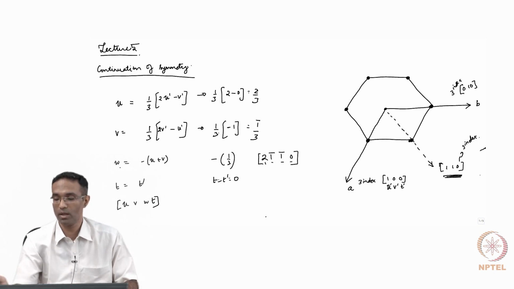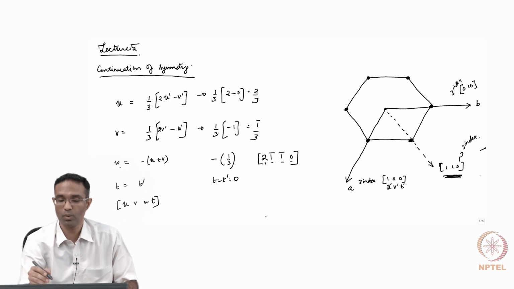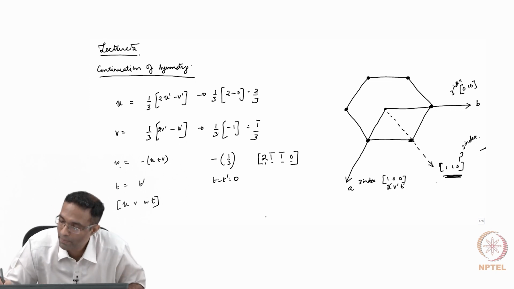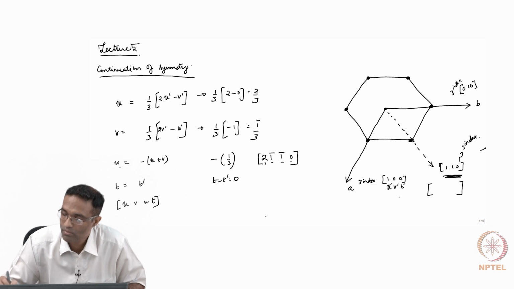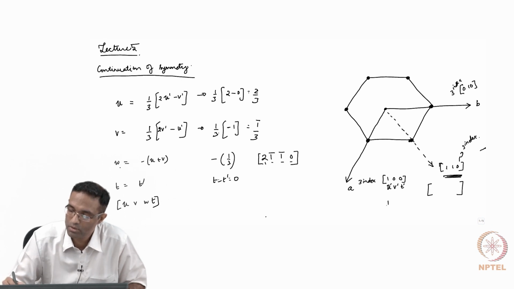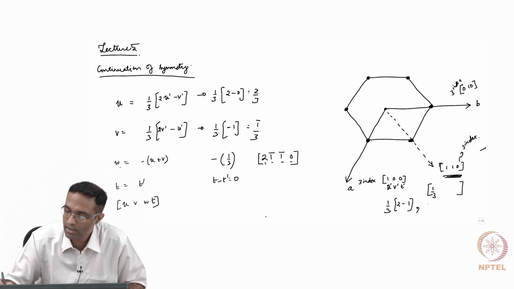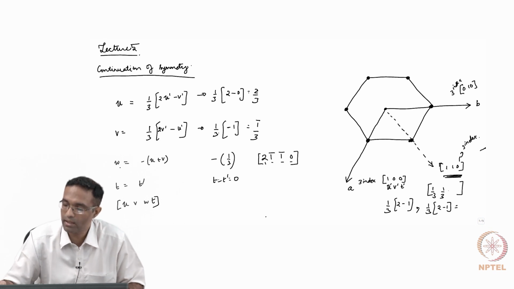Now take a look at this one. What happens here? You take this 1, it becomes 1 over 3 times 2 minus 1, so you get 1 over 3. The second one is 1 by 3 times 2 minus 1, which is again 1 over 3. Add them up and put a minus sign, so you get 2 bar over 3 and 0.